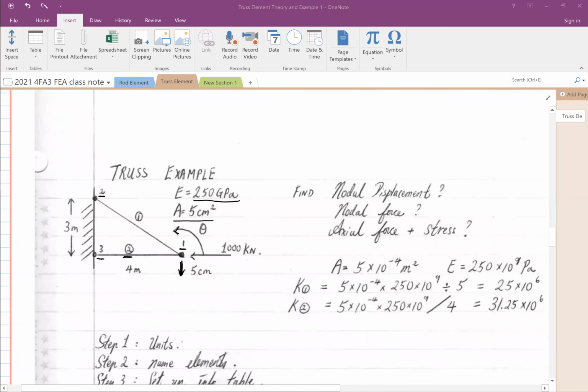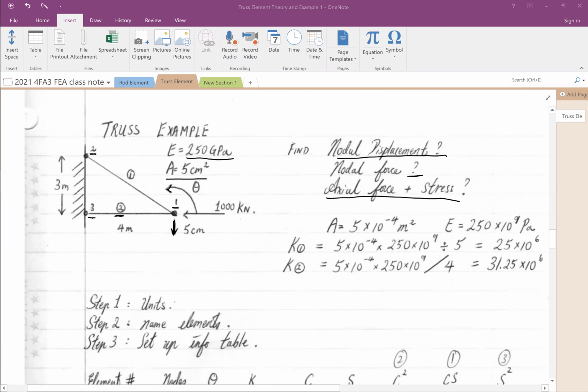The question is find the nodal displacement of all nodes. Obviously nodes 2 and 3 are not moving, so we know already nodes 2 and 3 are 0. Also find the nodal force of all nodes 1, 2, 3, axial force and stress.